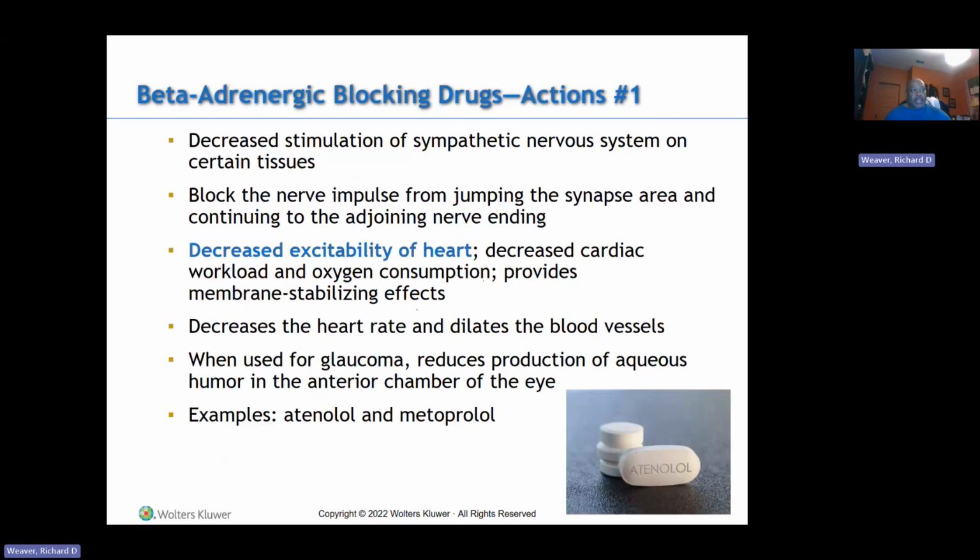So when we give these drugs, it decreases that excitability by blocking those nerve impulses, and we get a lower heart rate, meaning the heart is not working as hard, meaning you have less oxygen requirements for the heart. All right, and so that's what it means there. All right. There's also decrease in the heart rate and dilates the blood vessels, and so that's what the beta adrenergic drugs does, and especially it decreases the heart rate, so you get a decreased workload of the heart.